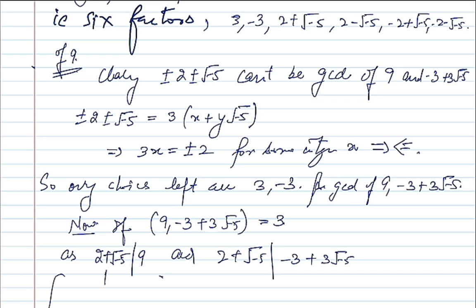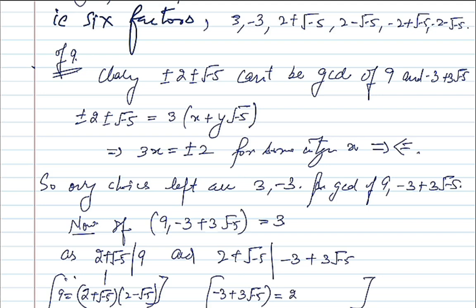Because 9 can be written as 2 plus square root minus 5 times 2 minus square root minus 5, and minus 3 plus 3 square root minus 5 can be written as 2 plus square root minus 5 times 1 plus square root minus 5.